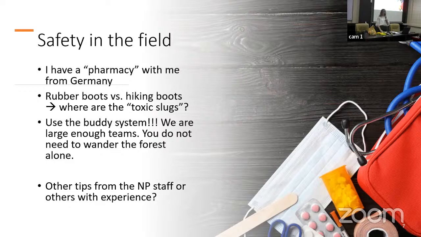So is there someone from the national park who can talk about those and how we safely avoid them? What do we do if we get in contact with them? That would be really great information for the group. I'm calling them toxic slugs, but do you know what I'm referring to? Maybe we can pass around the mic and someone who knows what these are and knows how to be safe can talk about that.